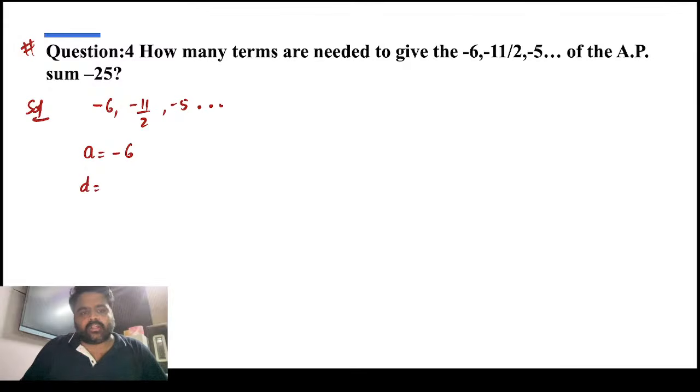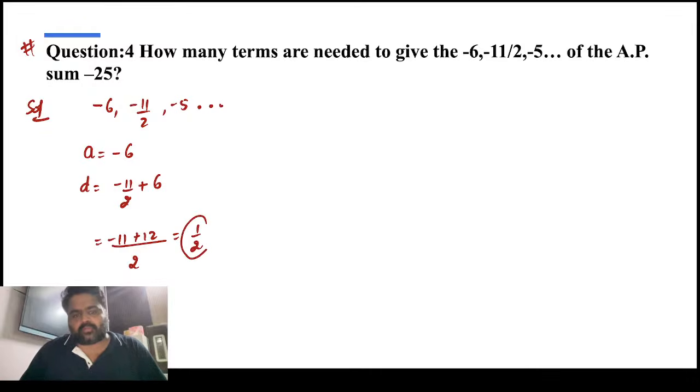The value of D is equal to A2 minus A1, so this would be plus 6 minus 11 by 2. When you solve this, minus 11 plus 12, the result would be 1/2.